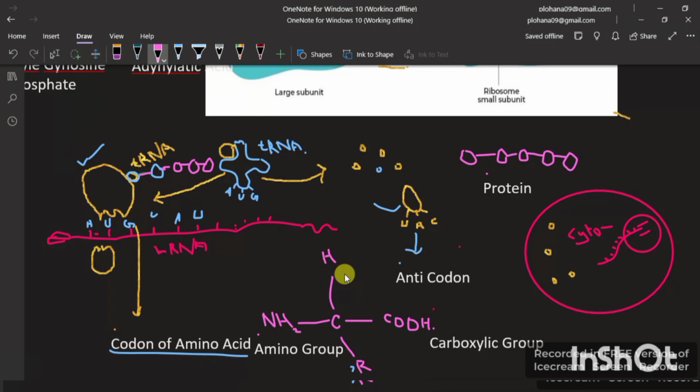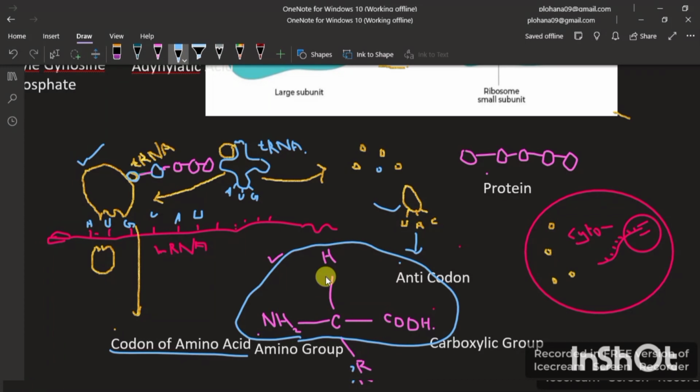Now the question rises, why do we have different types of amino acids? As I told you, this is the basic structure of amino acid. In all amino acids this structure is the same. In the middle we do have carbon, on the right hand side we do have the carboxylic group, on the left hand side we do have NH2, the amine group, and on the upper side we do have hydrogen.